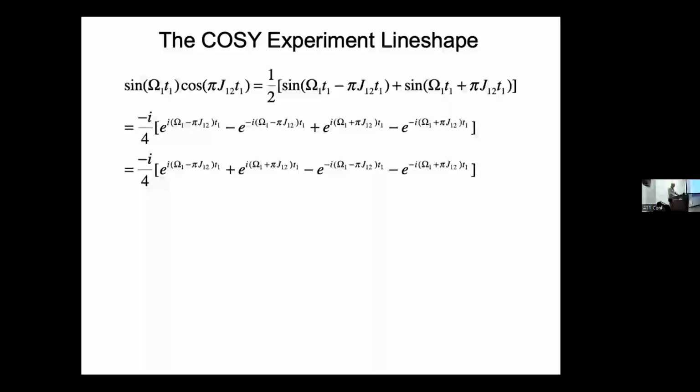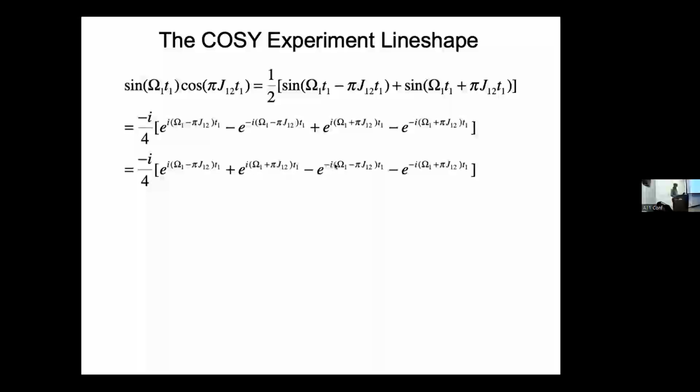So if I just write everything in complex exponentials using Euler's law and multiply them all together, then I end up with a term that's positive omega-1 minus the J coupling and positive omega-1 plus the J coupling. So that's a doublet at the frequency omega-1.